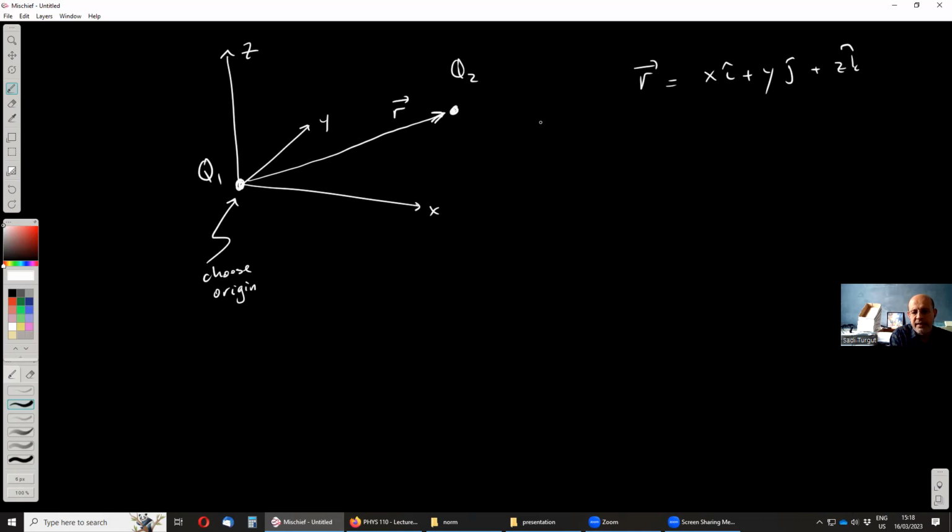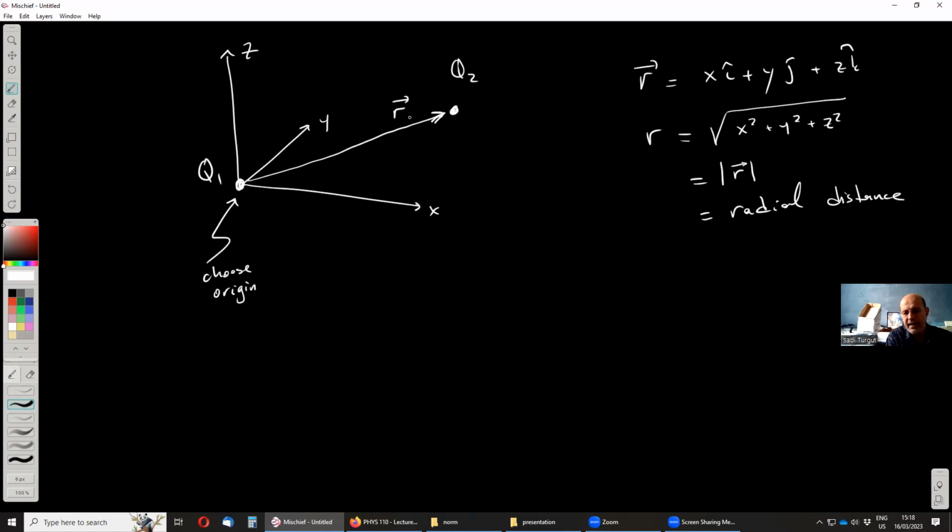The radial distance between these two charges is essentially the length of that vector, so this is the magnitude of that vector. But we usually call this the radial coordinate or the radial distance.